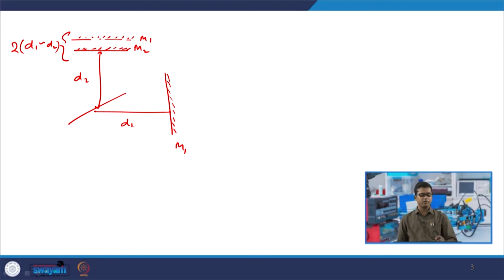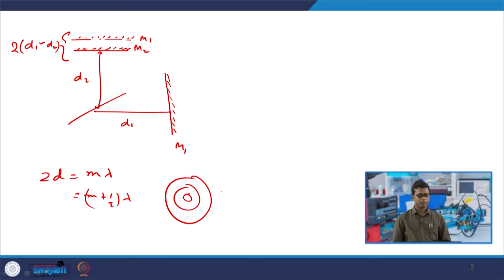So, it is kind of a film. If this 2d is m lambda, you will have a maximum. If it is (m plus half) lambda, you have a minimum. So, you are getting circular fringes like this.